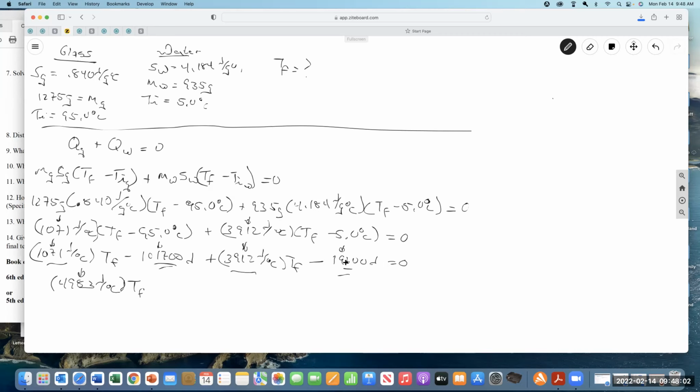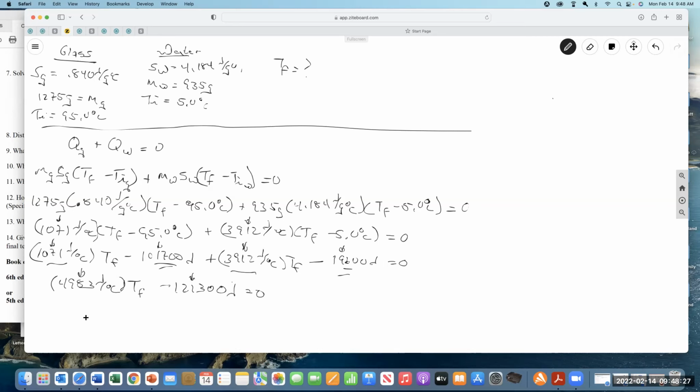So here the guess is in the thousands place, here the guess is in the thousands place. 101700 plus 19600. So my guess is in the thousands place, 121300 joules, my guess is in the thousands place, equals 0.